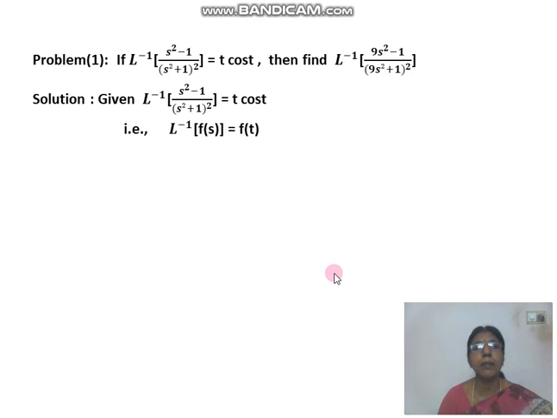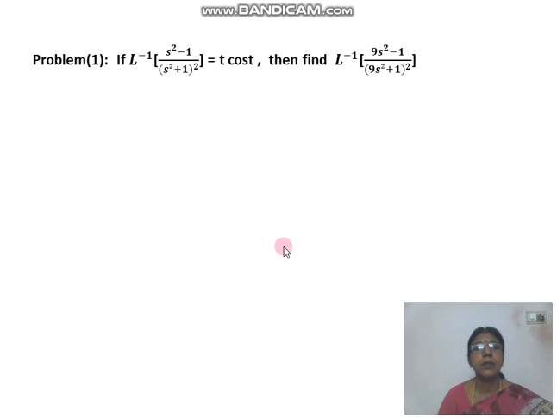Then we see the problem on this change of scale property. If L inverse of s square minus 1 by s square plus 1 whole square is equal to t cos t, then find L inverse of 9s square minus 1 by 9s square plus 1 whole square. Already we have been given L inverse of some s function equal to f of t. This is the given one: L inverse of s square minus 1 by s square plus 1 whole square is equal to t cos t.